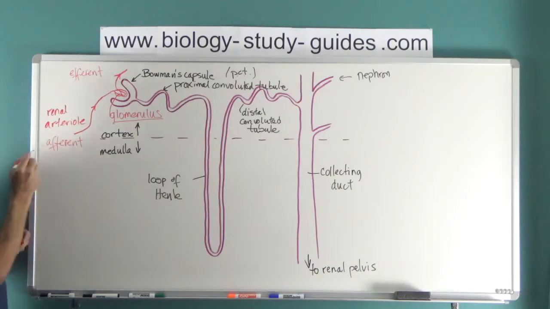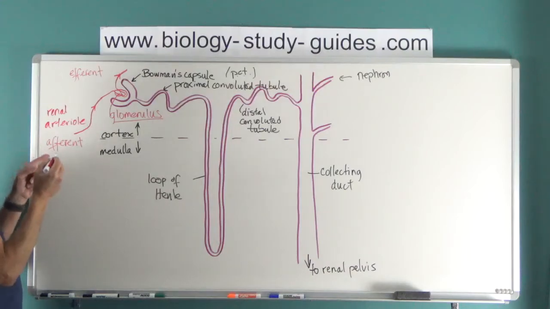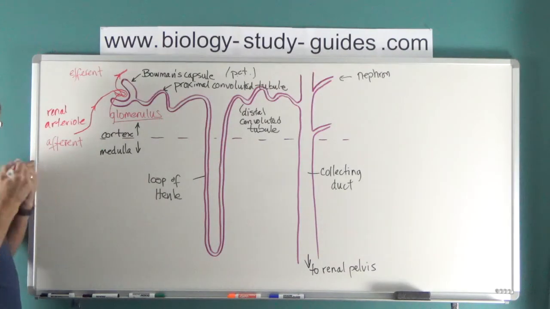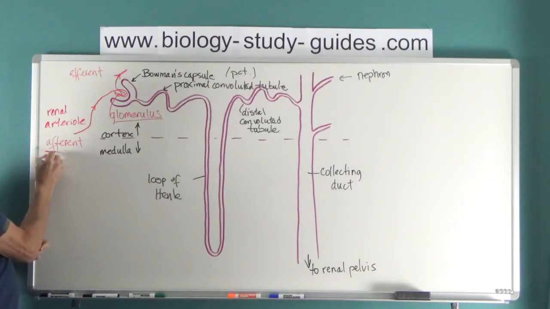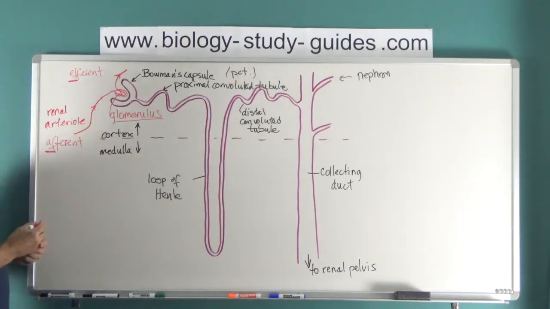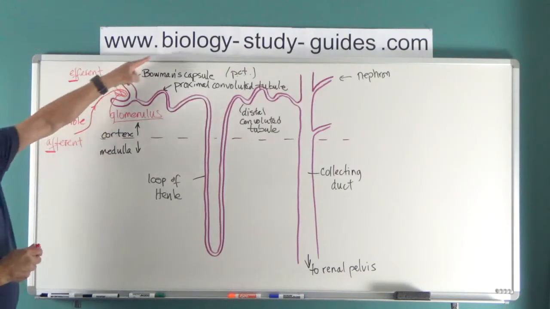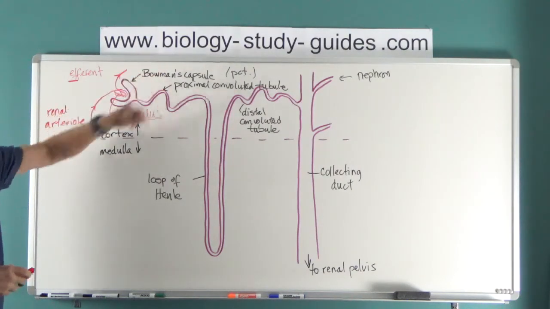Notice that, again, these things are in alphabetical order, so if you ever have any confusion as to which one's which, afferent is first, goes into the glomerulus, efferent takes the blood out of the glomerulus. And obviously out on the end of here, we have our capillary bed.